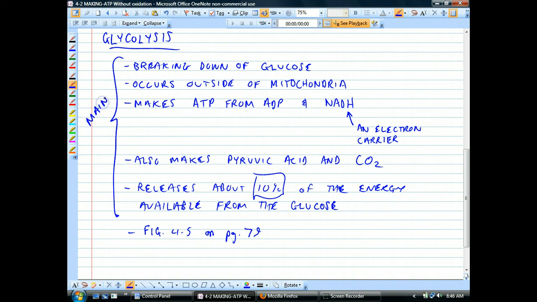What it makes, what's the end result. Basically, it splits glucose in half. And in the whole process, it's got a lot of steps, but the end result is you get a couple of ATP molecules out of it. All right? So you harvest a little bit of the energy from the glucose, but you're not done.